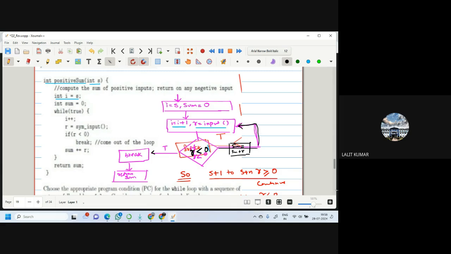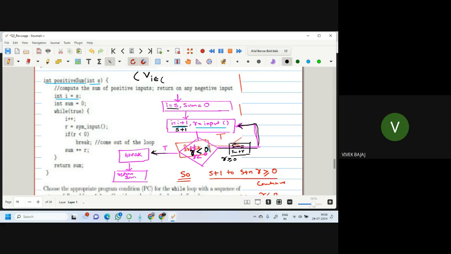So see, it will keep on going infinitely as long as R is greater than or equal to 0. Only when R becomes less than 0 will it break. So for these kinds of things, how do we denote them? I is equal to S, I is equal to I plus 1, so it starts from S plus 1.